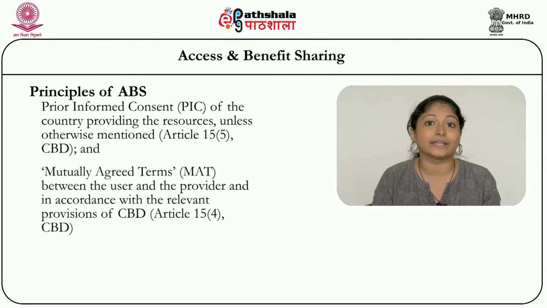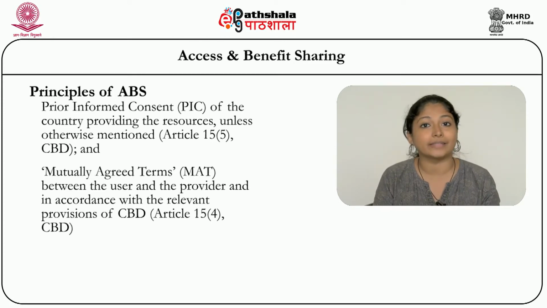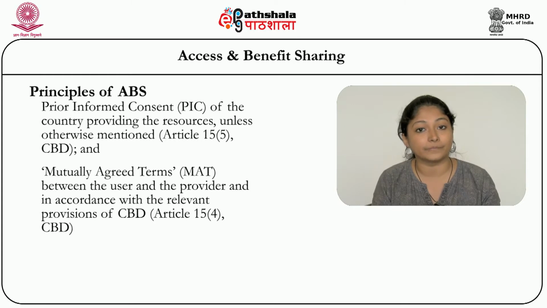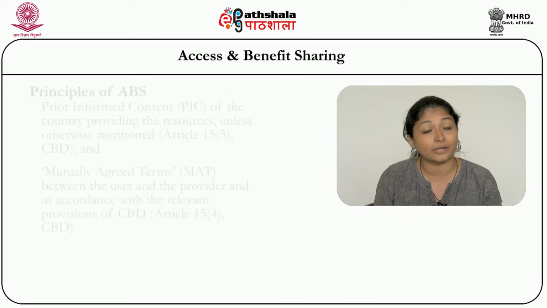So, in an ideal scenario under this convention, there will be a state, that is a country, which will be providing biological resources, and there will be a state which will be receiving these biological resources. And what will the receiving state do with the biological resource?